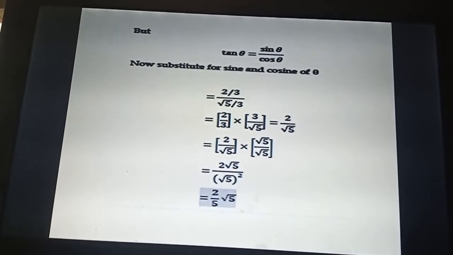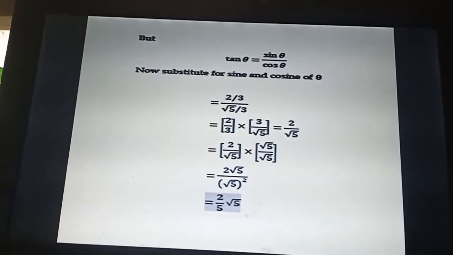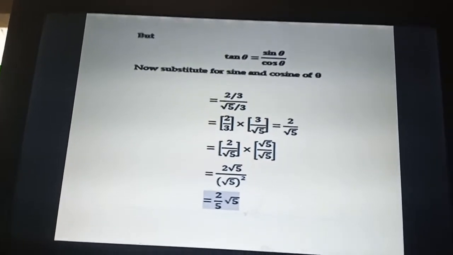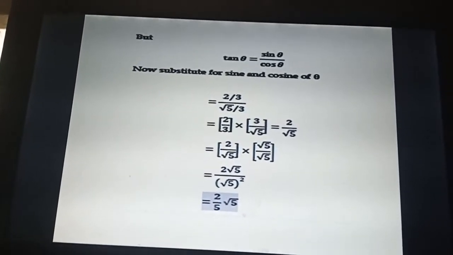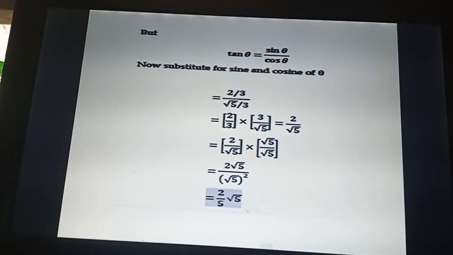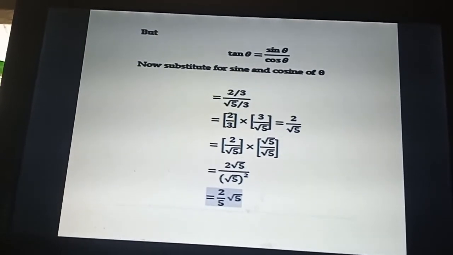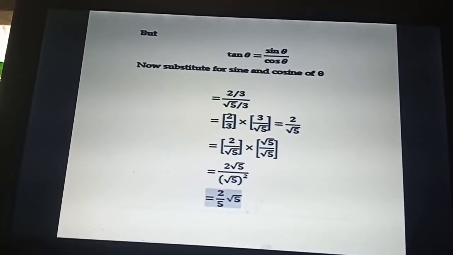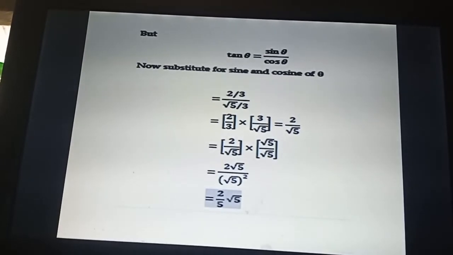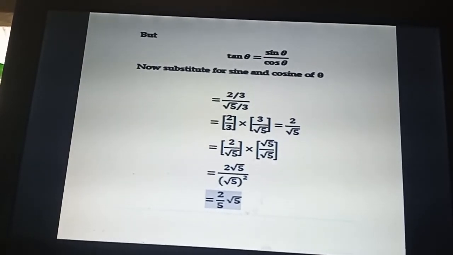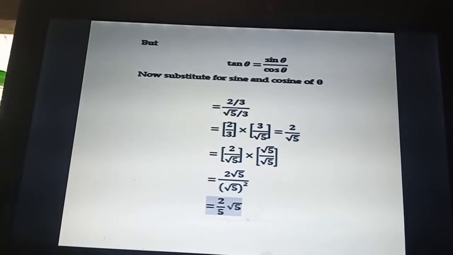Are you following? These 2 times root of 5 all over root 5 times root 5 will give you root 5 square. Then 2 root 5 all over 5. This square cancels square, remain root 5.